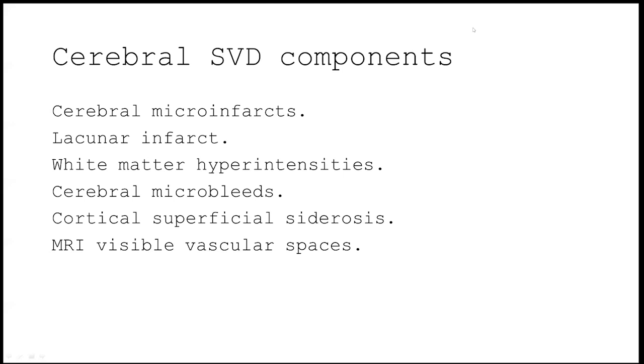What do we expect to find? A whole variety of ischemic insults, from small cerebral microinfarcts to radiologically evident lacunar infarcts, to small vessel disease presenting as white matter hyperintensities, to bleeding radiological manifestation, cerebral microbleeds or lobar hypertensive bleeds, followed by resorption and resolution of those bleeds and residual evidence of previous bleeds, cortical superficial siderosis.